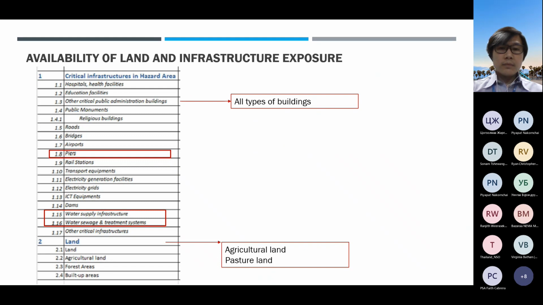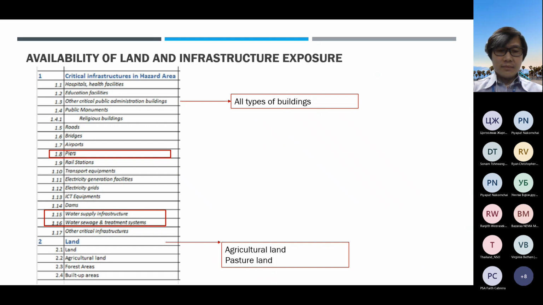In the case of the availability of land and infrastructure exposure data, for those highlighted infrastructure items, we do not have data on piers, water supply infrastructure, and water sewage and treatment systems. Of course, in Mongolia we do not have piers.